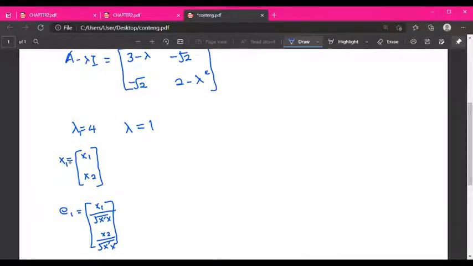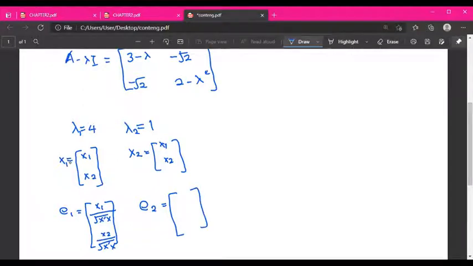Okay, the same goes for this one. If we set it as eigenvalue 2, lambda 2, we have to find first the eigenvectors for lambda equal to 1, so we get x1, x2, and then find the normalized eigenvector.